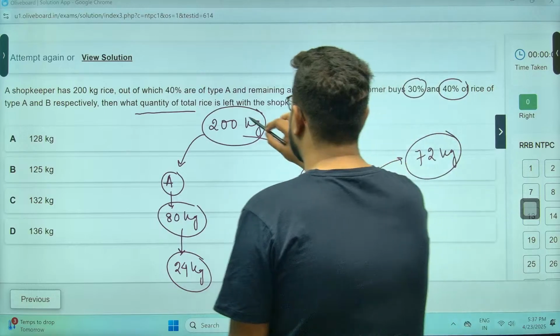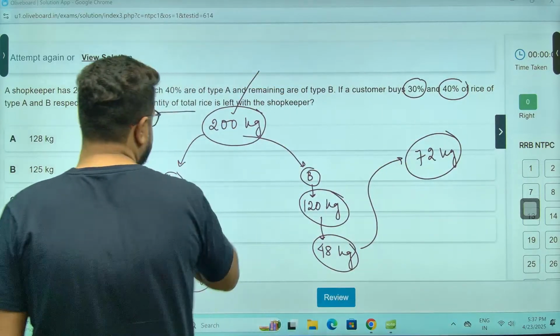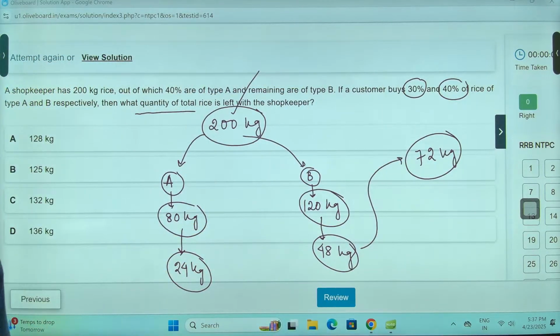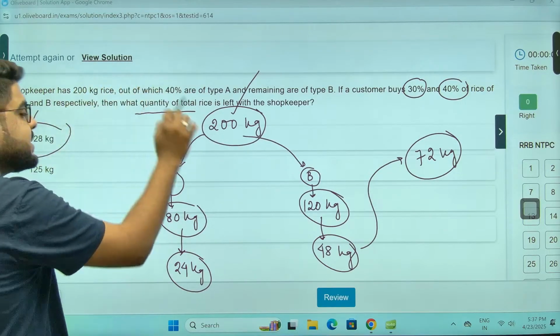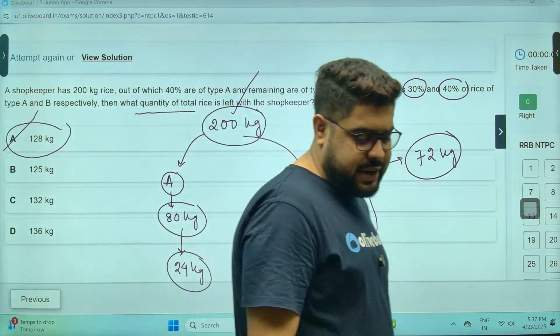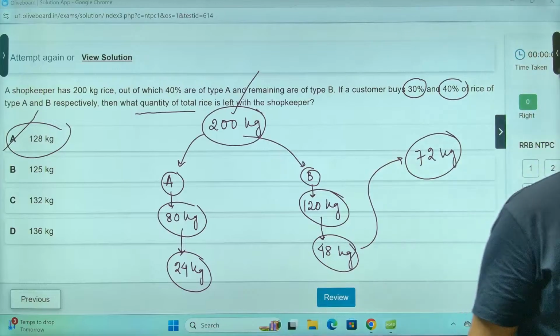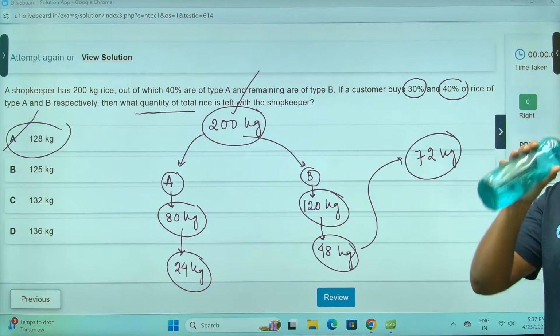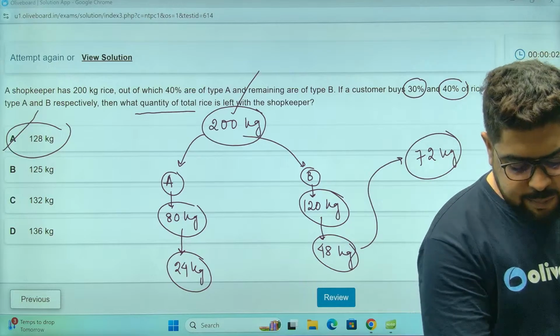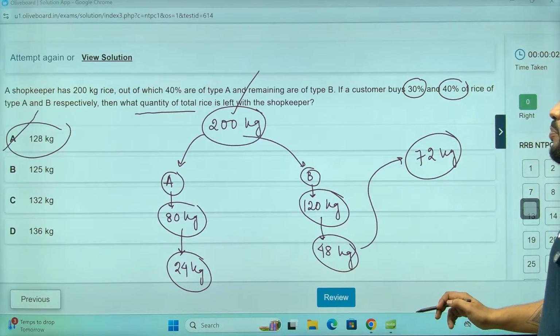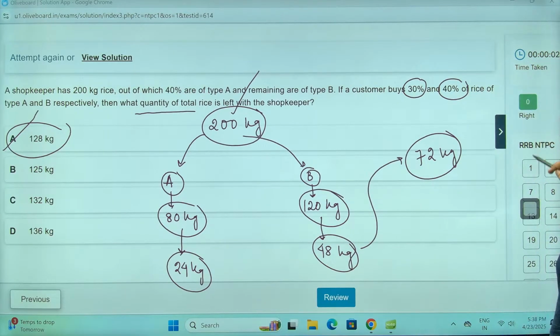So total 200 kg was there, 72 kg he has bought. So how much remaining, sir? 128 kgs. That is your answer. As simple as it gets. Very simple.